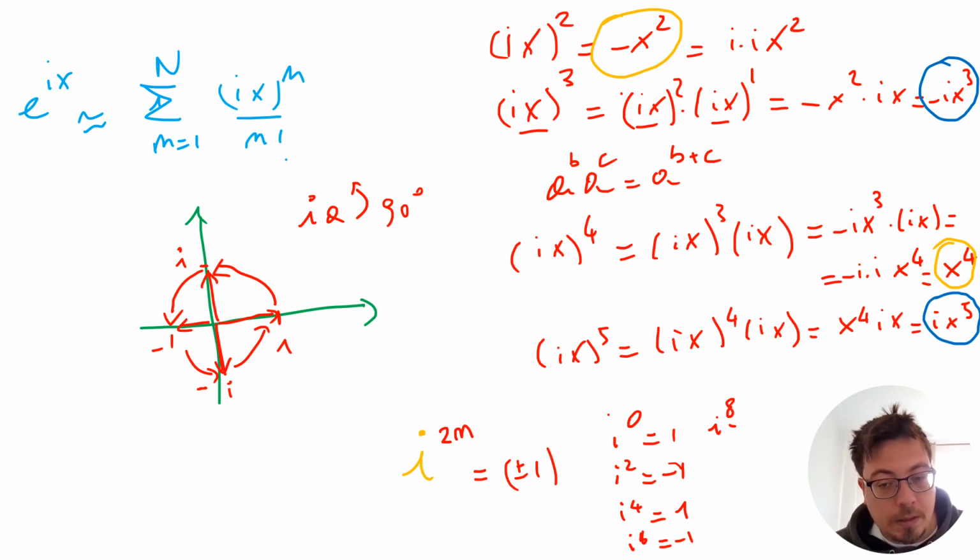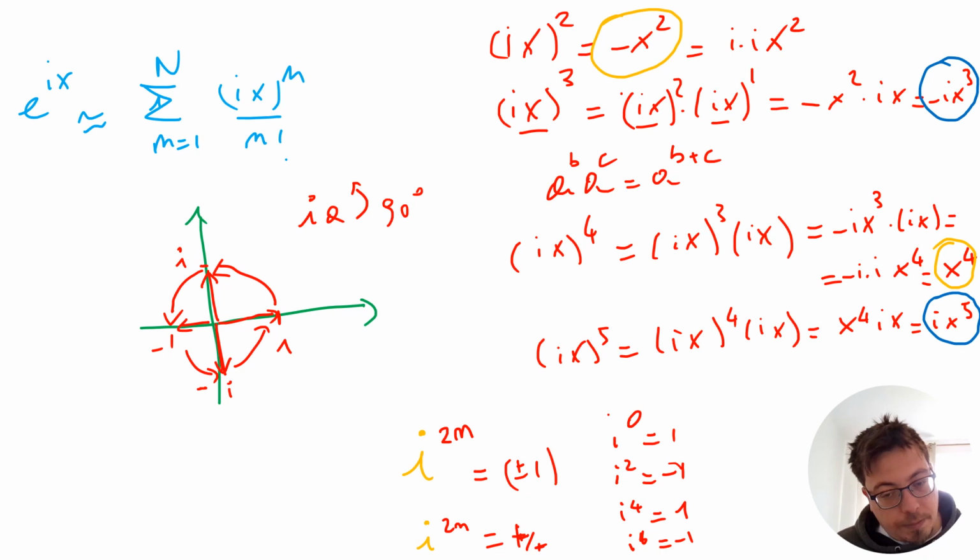Am I doing correct? Yes, of course. Because these are the even numbers, and there are, of course, 2n plus 1, which are the odd numbers, which will be plus or minus.